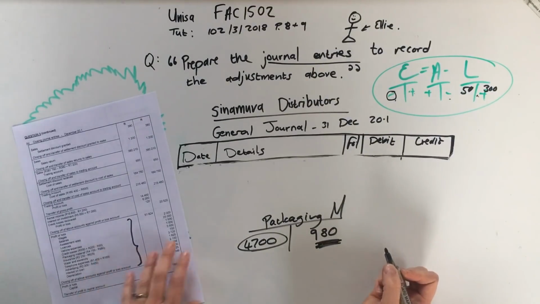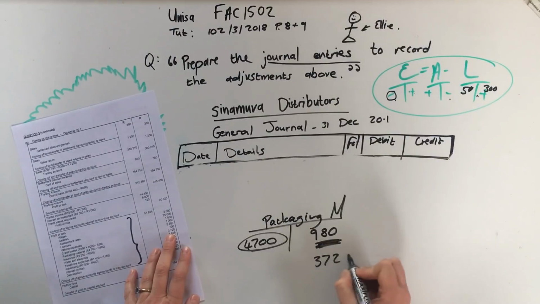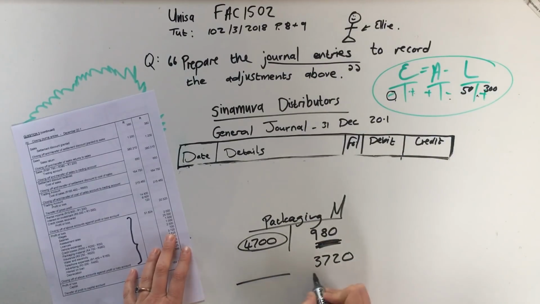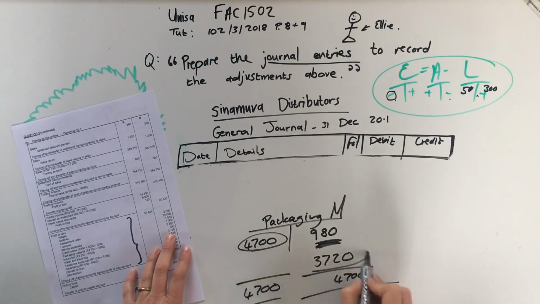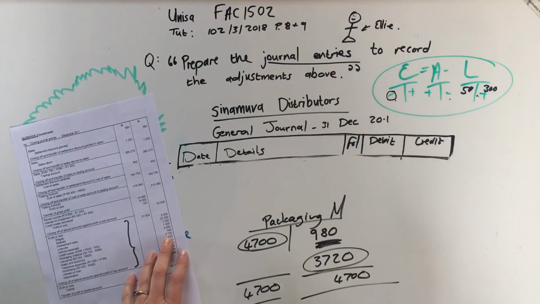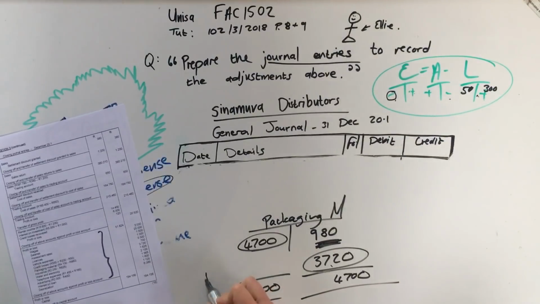And we are left with 3720. This 3720 amount, we now want to square. So we're going to take this to profit and loss. So on this side, we are now going to write profit and loss.